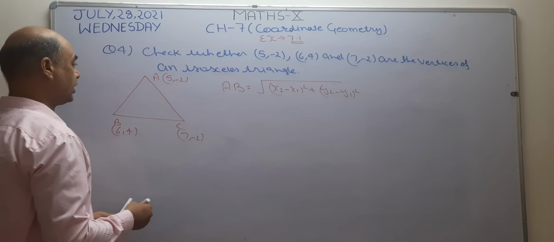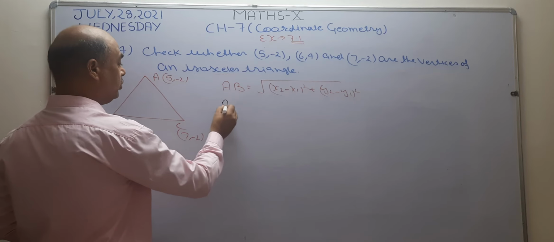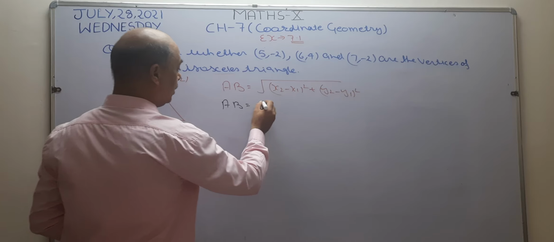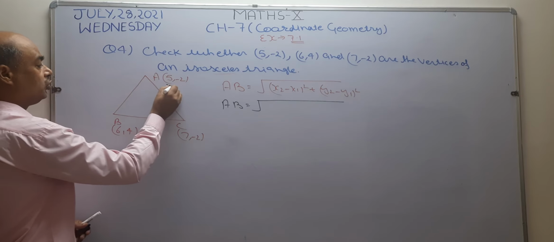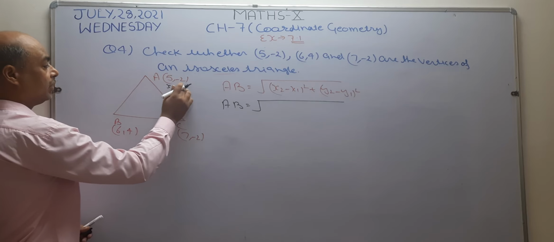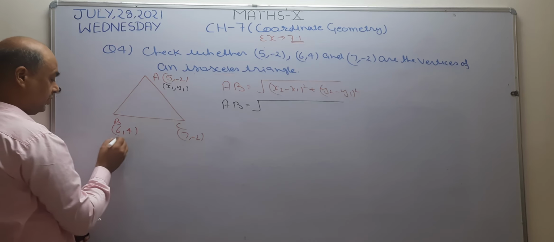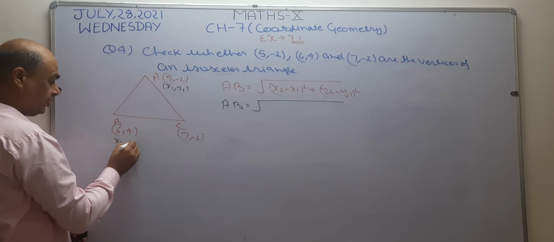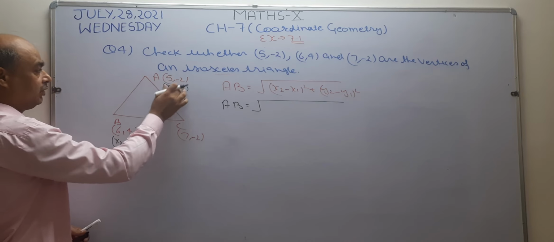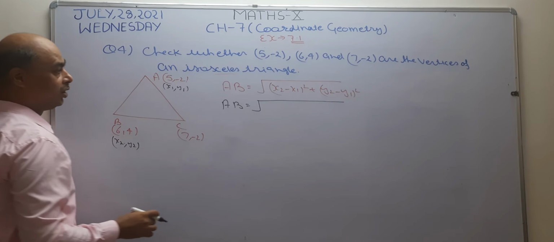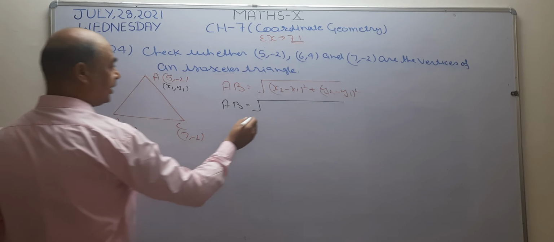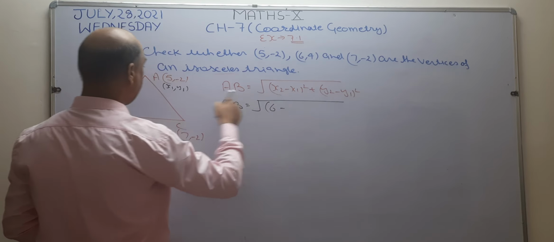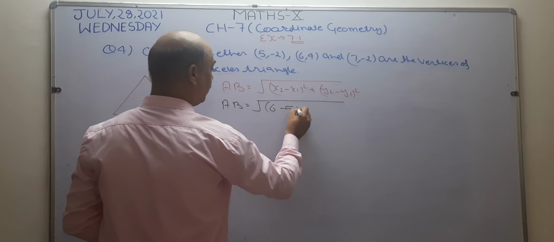Now I want to find the value of AB by using the distance formula. I write the square root first. This point is x1, y1, and this is x2, y2. By the formula, x2 minus x1: x2 is 6, minus x1 which is 5, and its square.